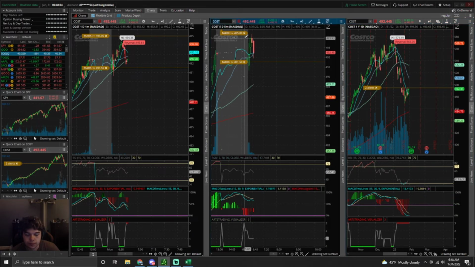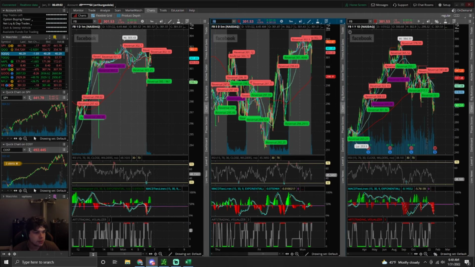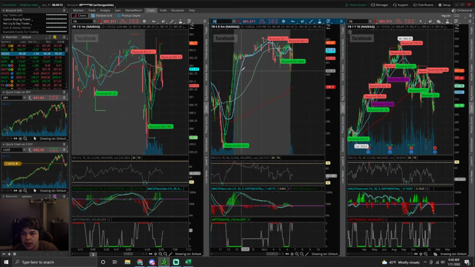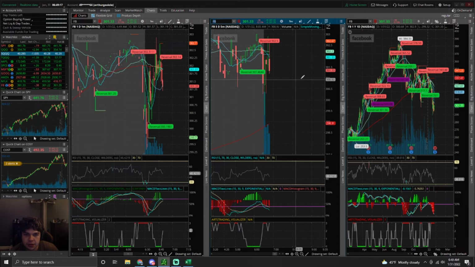Price action right now. I go. Can I look at Facebook? Sure. Yeah, guys, if you have tickers, feel free to type them in the trade chat so I can look at them. There you go. Facebook rejected the 200-day moving average. I'd be a little careful of that, but overall market strength is pretty high, so I wouldn't be surprised if you broke right through that in a little bit.